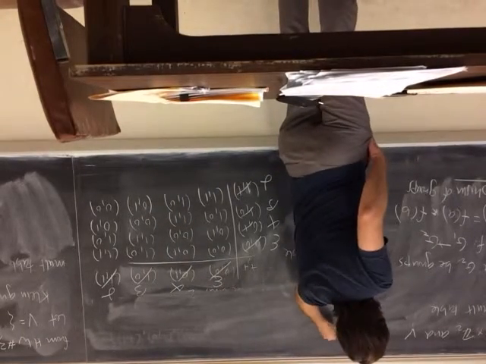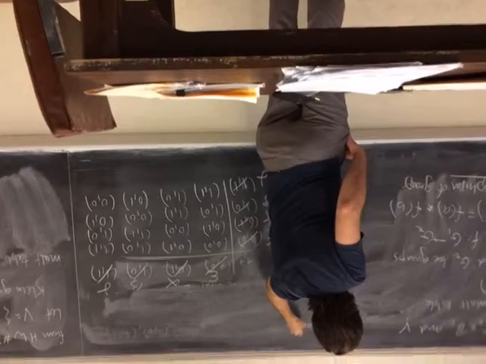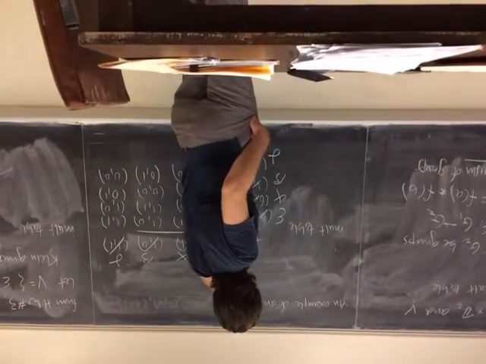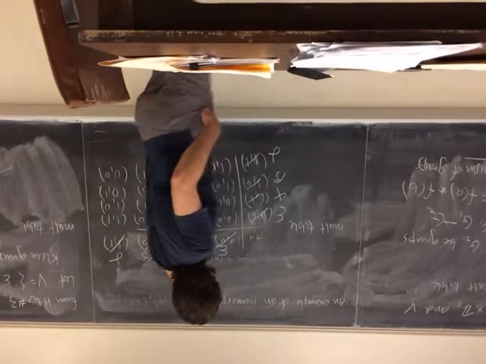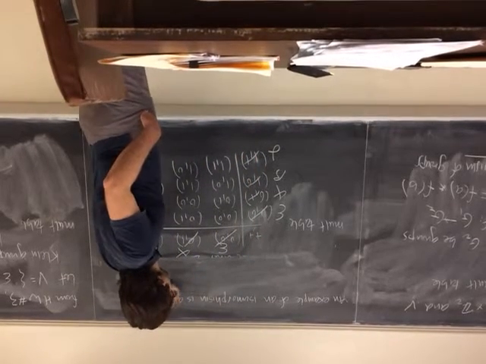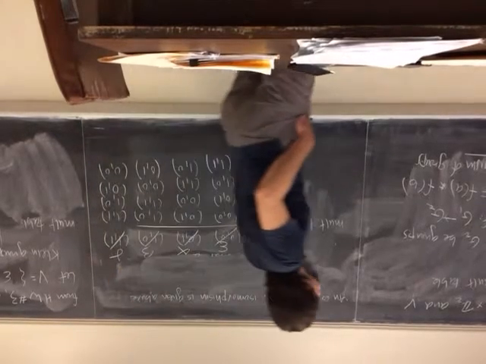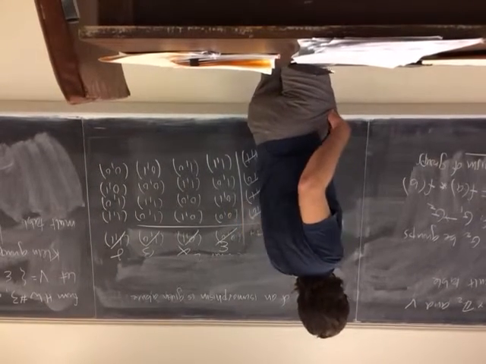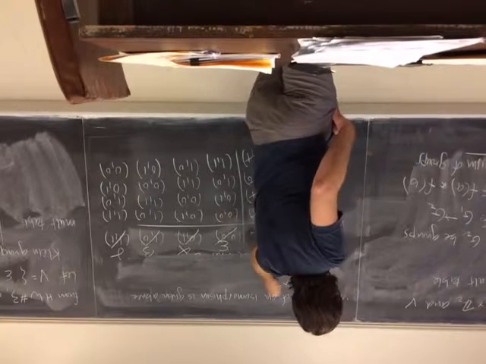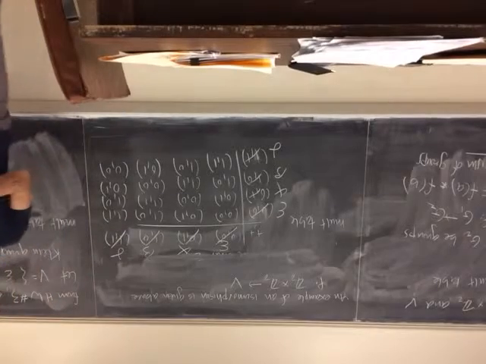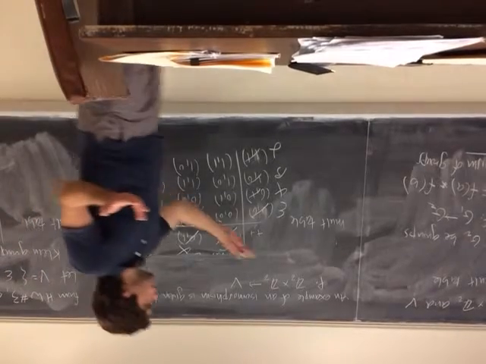So an example of an isomorphism is given above, where I took Z2 cross Z2 and mapped it over to V. How do I define a function?